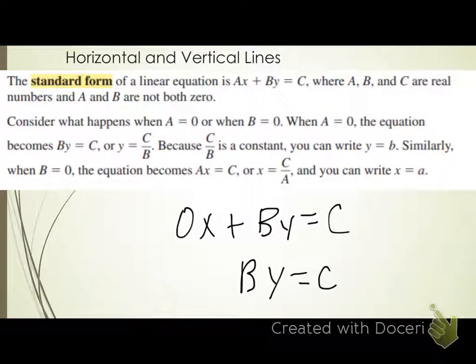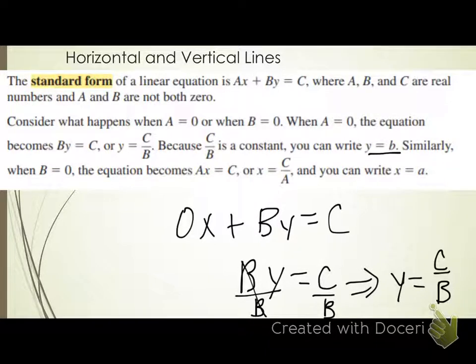Or if I solve this equation for y, divide both sides by b, y would equal c over b. Because c over b is a constant, c and b are just numbers, so dividing it would just be a constant, we can write it as y equals b.